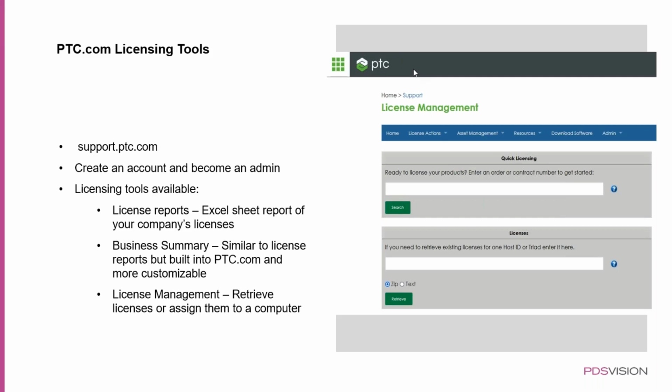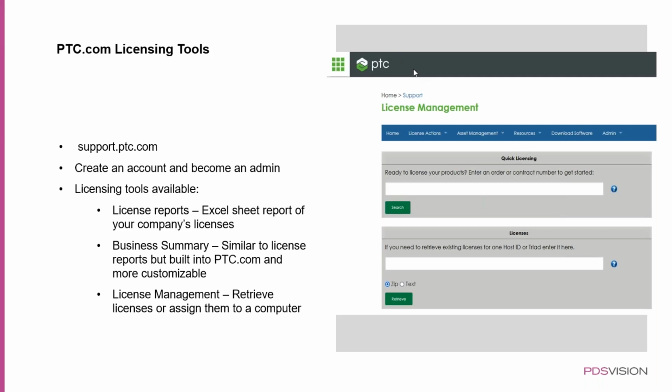From there, we're going to look at how to access 3 specific licensing tools today available on ptc.com. And as a unit, these 3 tools are going to let you look at what licenses your company has available, see where they currently are, find a whole bunch of information about them, like when they expire.